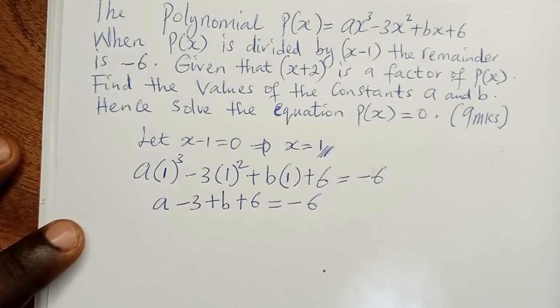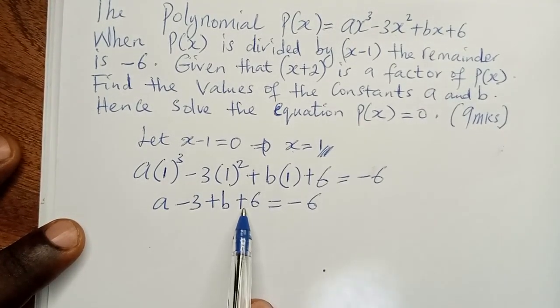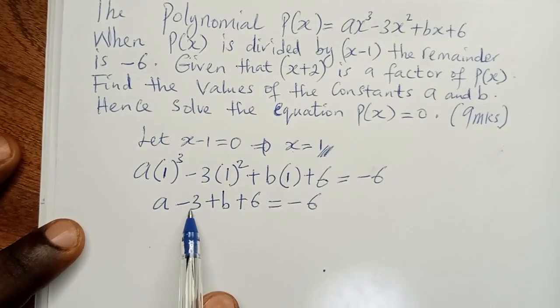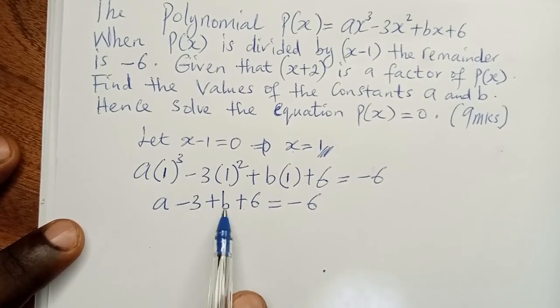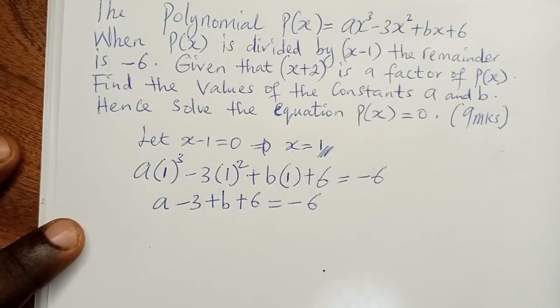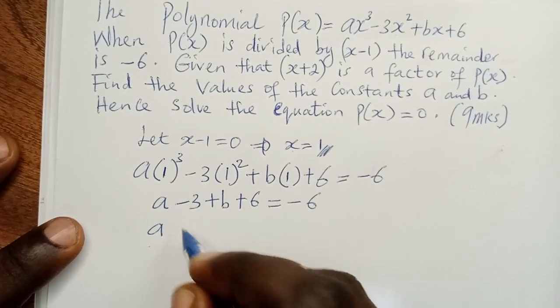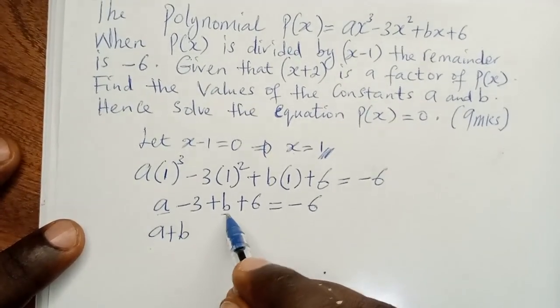Based on this expression, we are going to carry this plus 6 to the right hand side, and this minus 3 as well, and allow only letters on the other side. So here we are going to say a plus b, as you can see here, a plus b.